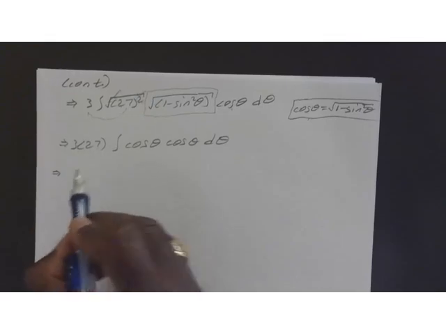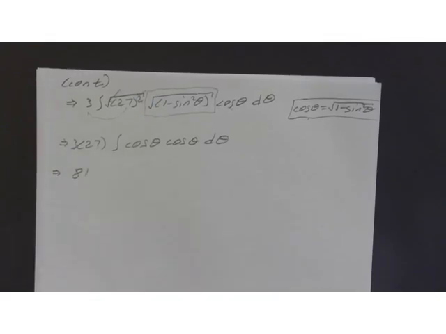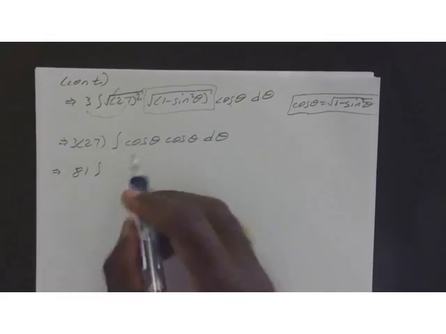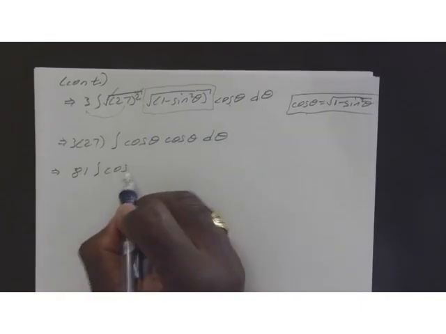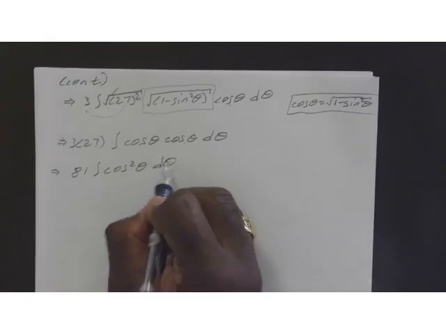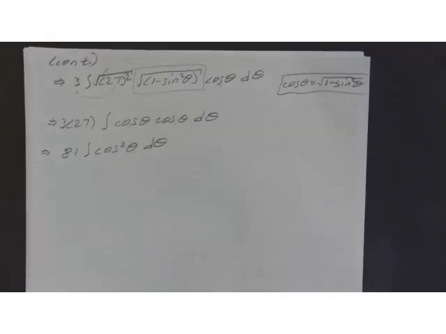Okay, so 3 times 27, we can just replace that with 81 times the integral. Cosine times cosine is cosine squared of theta with respect to theta. So that big old mess did kind of become something somewhat manageable. Okay.